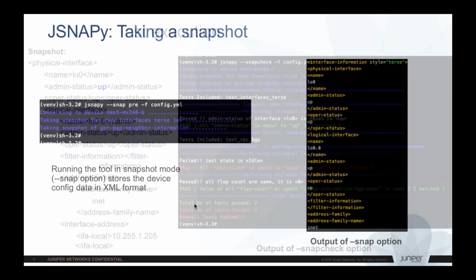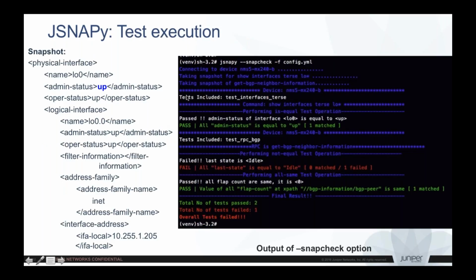Let us see how to execute a snapshot followed by a check. So in this case, I use a snap check operator. I take the snapshot and I run certain test cases. So here in this case, I see that the admin status is equal to up, so the test case has passed.